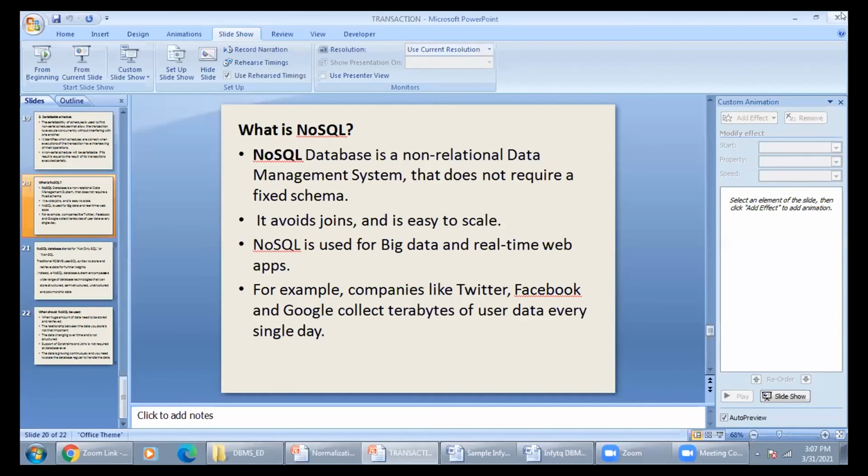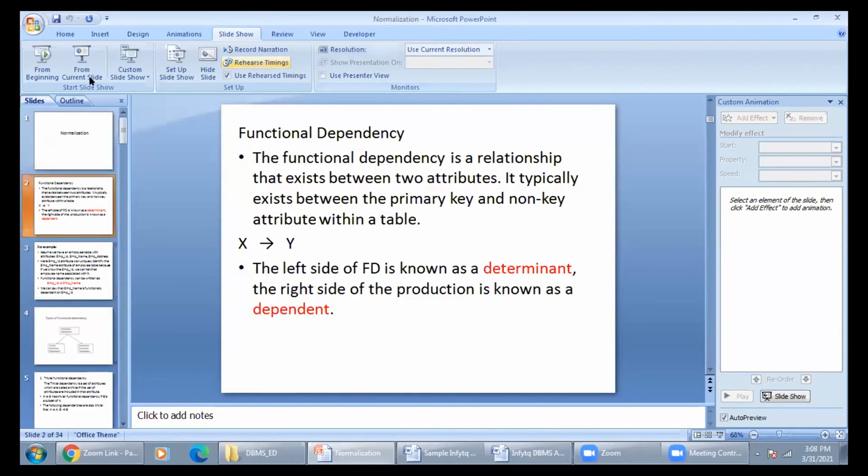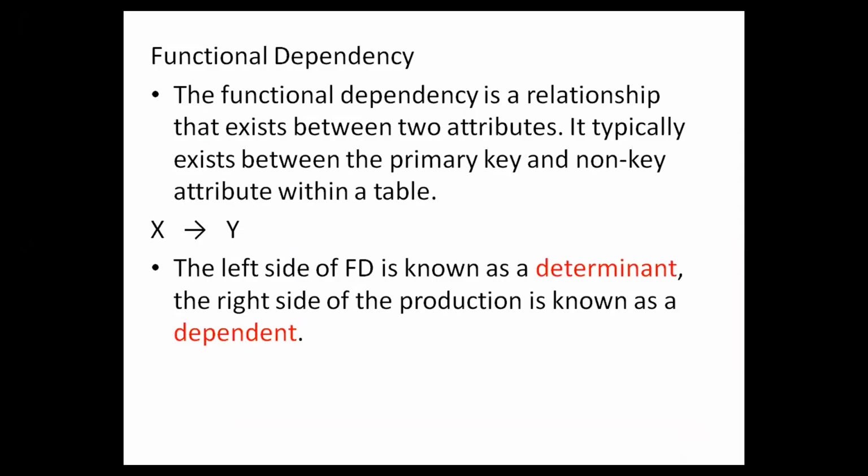So with this, we complete NoSQL and we come to normalization. Before starting normalization, you need to know a few things. The first is functional dependency. This is a relationship that exists between two attributes, right?